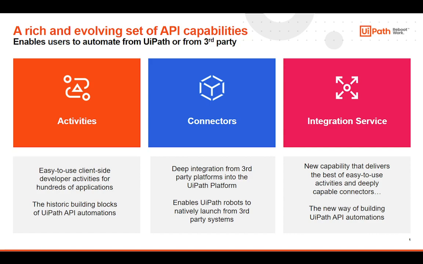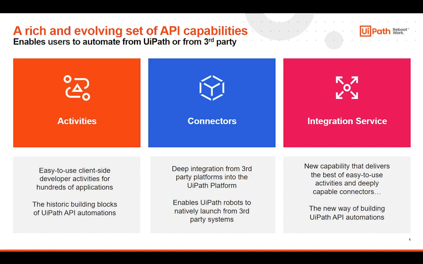The connectors do the work of connecting to the target systems and also allowing other systems to be able to integrate with the UiPath platform, so that they can initiate automations and control automations, interact with data and queues and those sorts of constructs within our platform, providing that two-way integration.